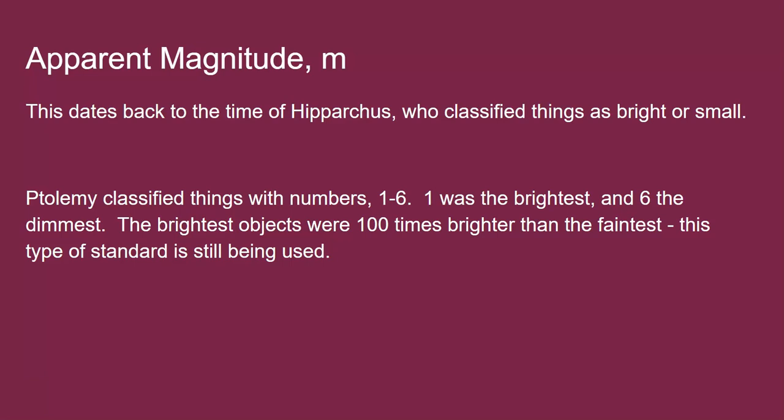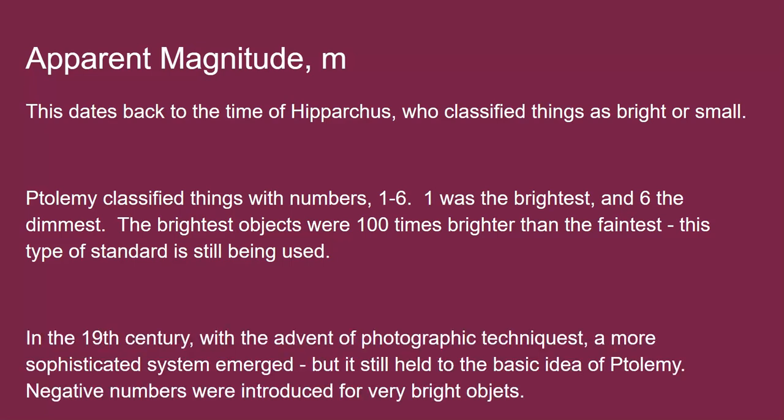When you go from 1 to 6, that's a factor of 100. Of course, that didn't last forever, because by the 19th century, there was the advent of photography, and so a much more sophisticated system emerged. But basically, it kept the same idea from Ptolemy. But you had to introduce negative numbers for very bright objects.